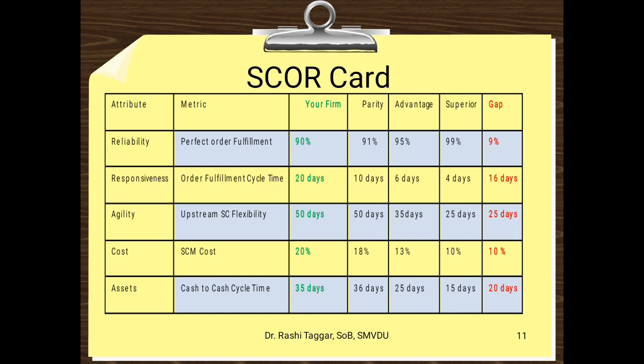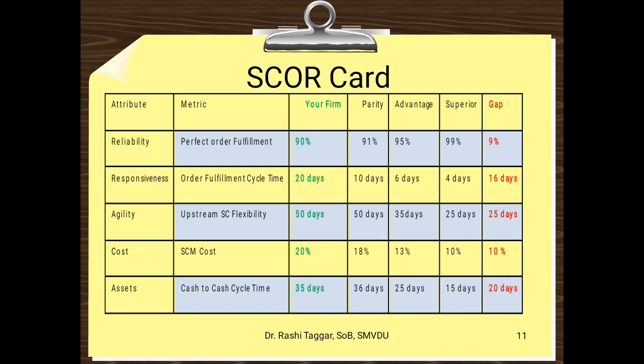Now, in this scorecard, you can see your firm in green. The attributes of your firm are measured and noted in this table, along with the performance of the parity, advantage, and superior firms.